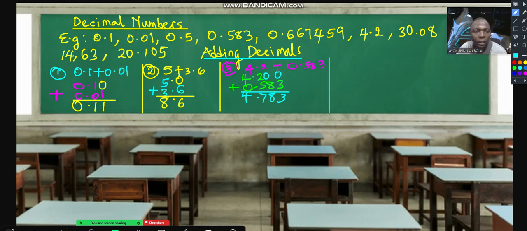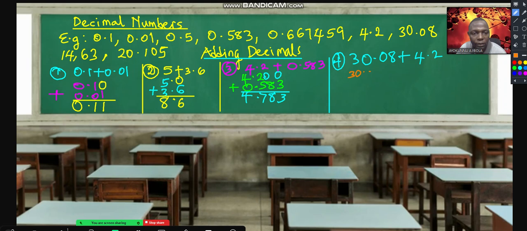Okay, let's see, maybe we have more. Let's say number 4 is 30.08 plus 4.2. I said 30.08, not 3.08. So they are not the same decimal places. So we have 30.08, then we have 4.2.